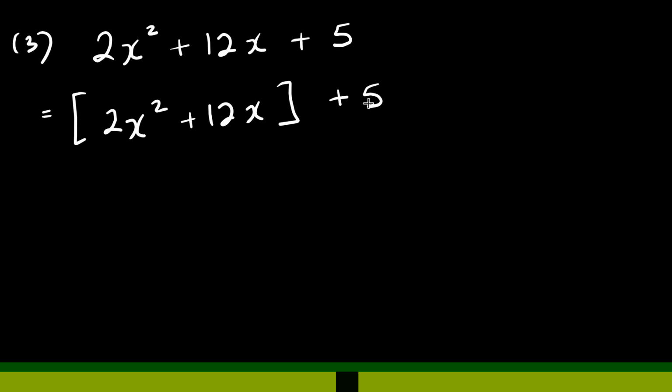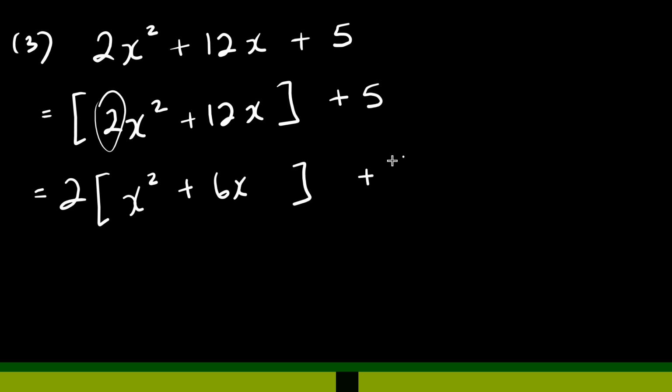Well, again, this does not look like what you're accustomed to, because in order for us to complete the square, the coefficient here has to be 1. So what we're going to do, and some of you should have an idea, is to factor. We can factor that 2 out, and that leaves x squared plus 6x plus that 5. All right? And now we're in business.